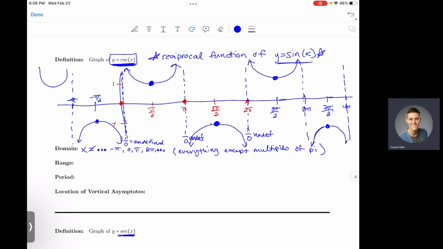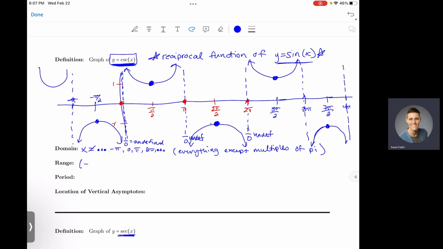Okay, and then what's the range of this function? The y values that are covered here are actually the opposite of the range of sine and cosine. Everything is covered except for between -1 and 1.